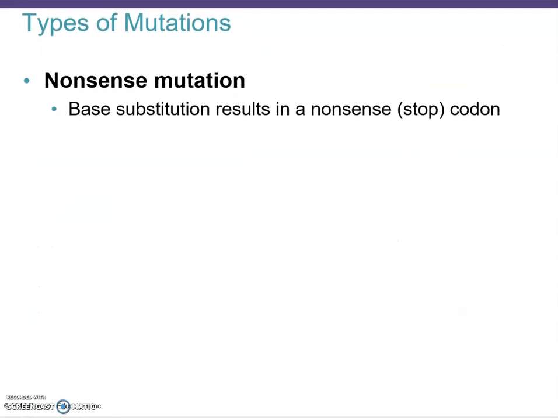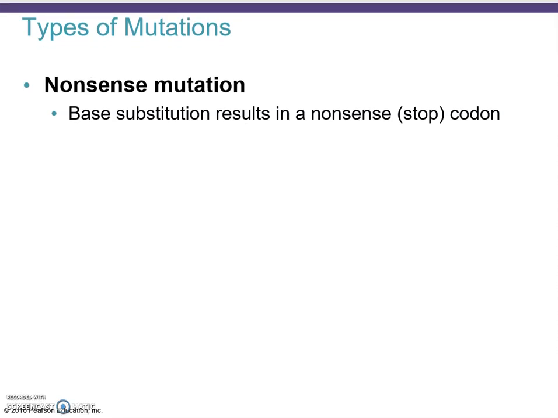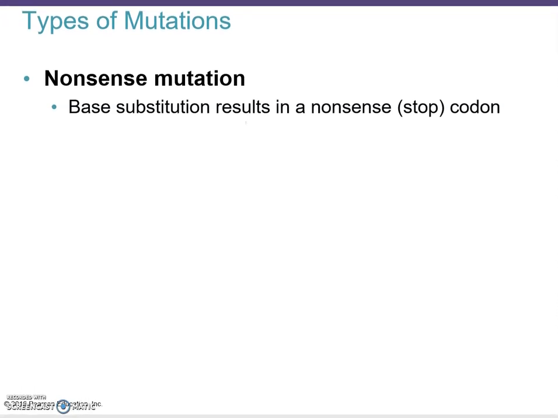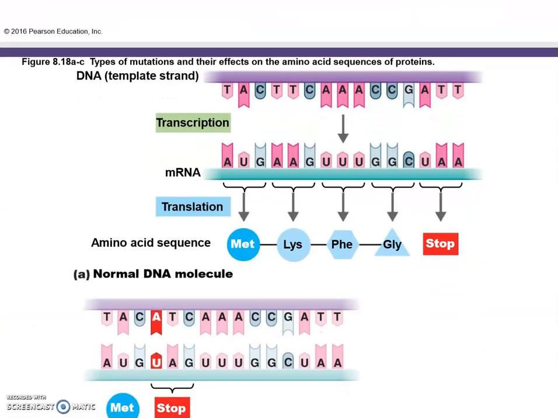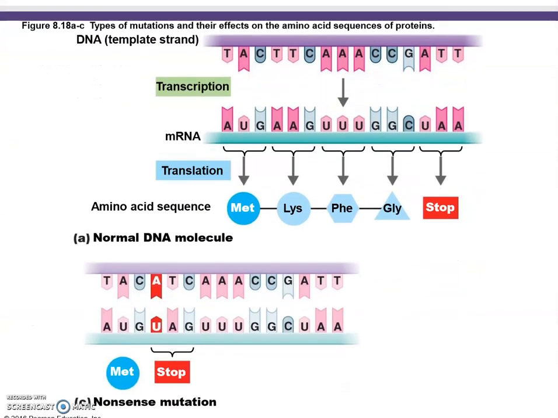Worse than a one base substitution and one amino acid change would be a nonsense mutation, where basically we have a frame shift. So now the base substitution results in a nonsense stop codon, and the whole protein doesn't make any sense at all. So here would be an example of that. We have the normal template strand in panel A, so that's over here.